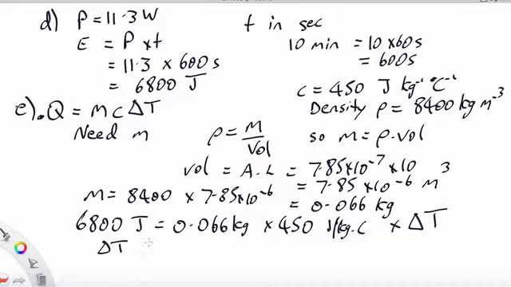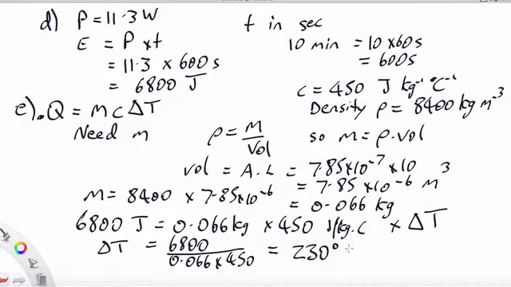And that gives change in temperature 6800 over 0.066 times 450. That gives a rise in temperature of 230 degrees, which seems a lot, but it's a long way short of its melting temperature, which is well over 1,000 degrees.